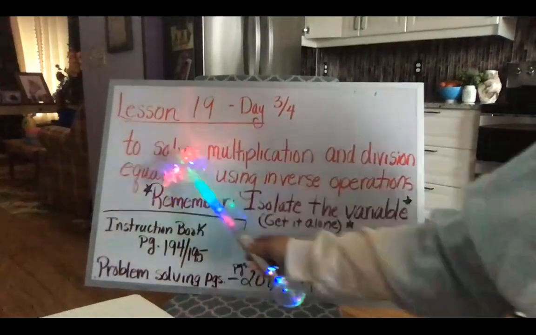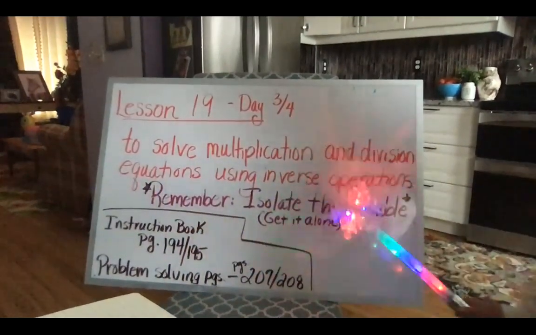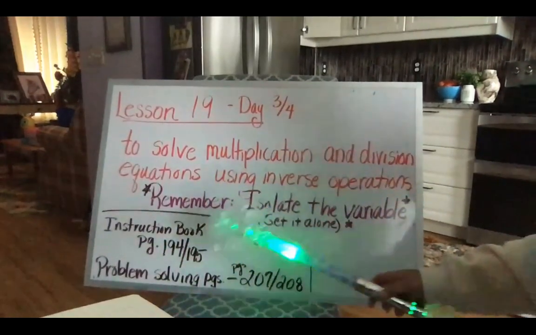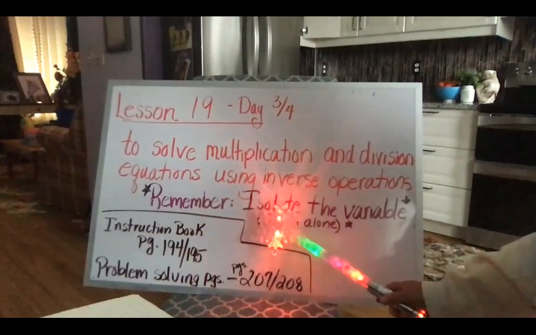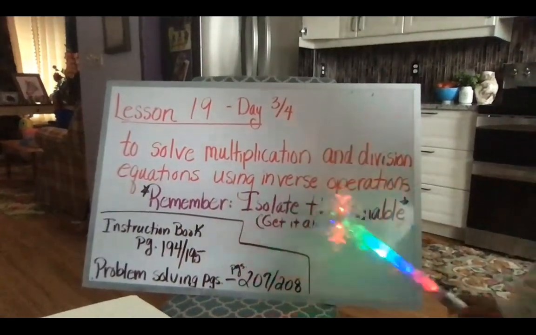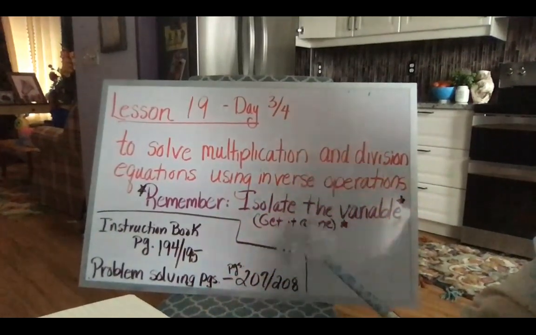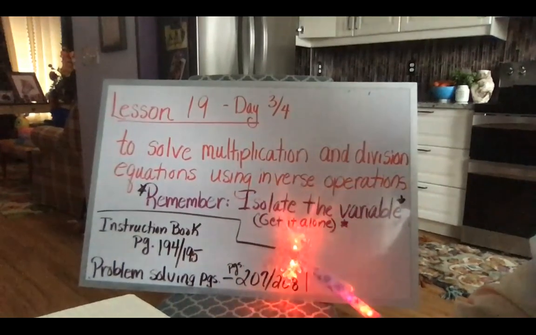So, to solve multiplication and division equations using inverse operations, something to remember. Look, I can change my wand. Remember, isolate the variable is so important when solving equations. You have to get the variable all by itself. That's how you solve the equations.